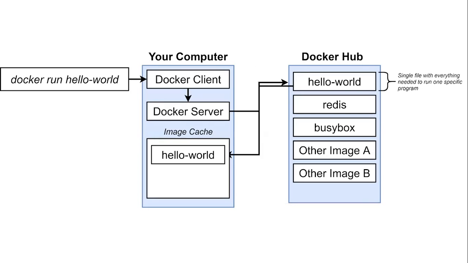If this image is available in your local machine, it will fetch the image, run it, and create a container. Otherwise, the Docker server will communicate with Docker Hub, which is the repository of the images that people create. If the image doesn't exist in your local cache, it will communicate with Docker Hub and try to find the image. It will pull the image and run it for you.